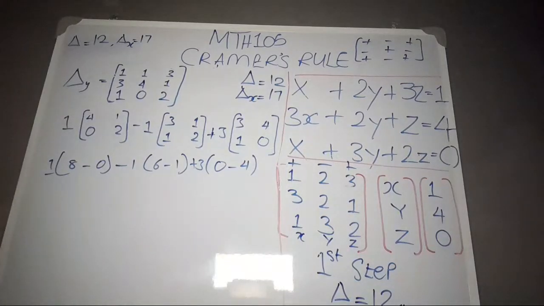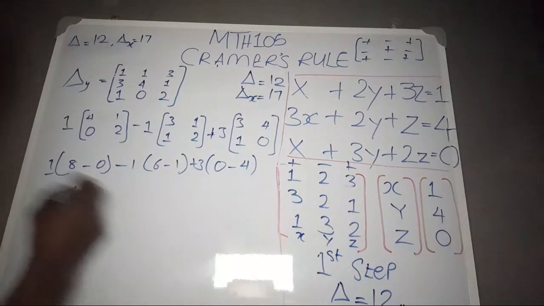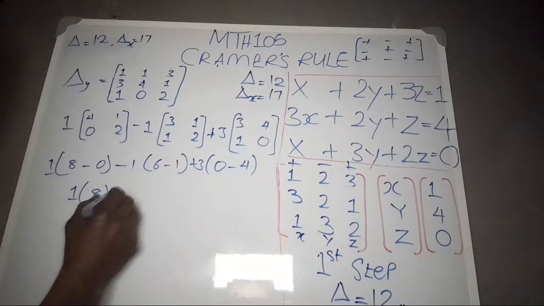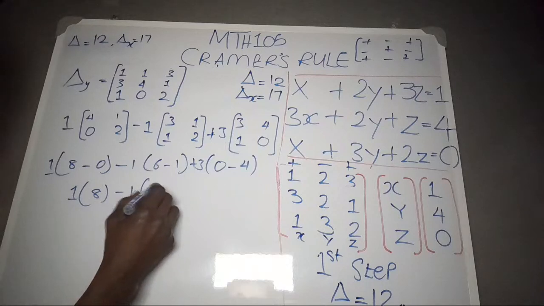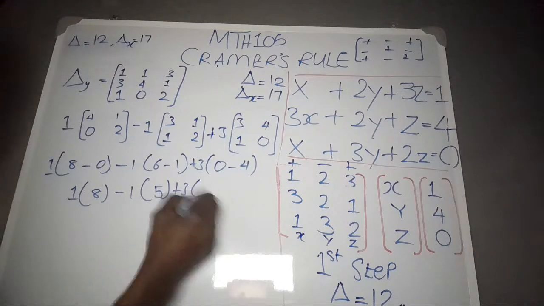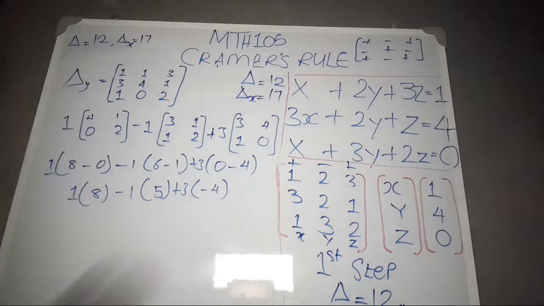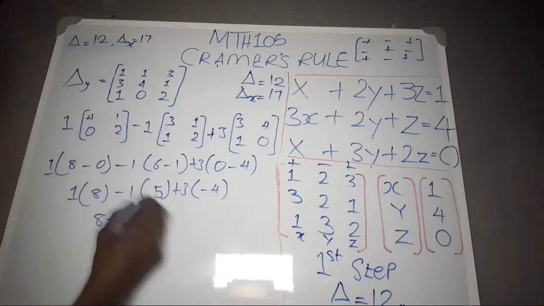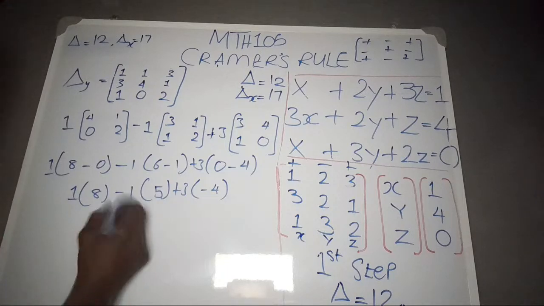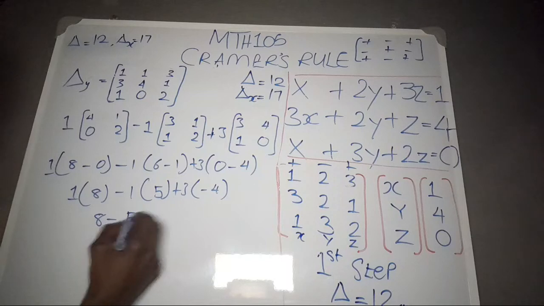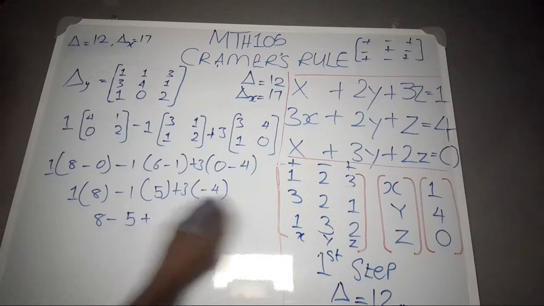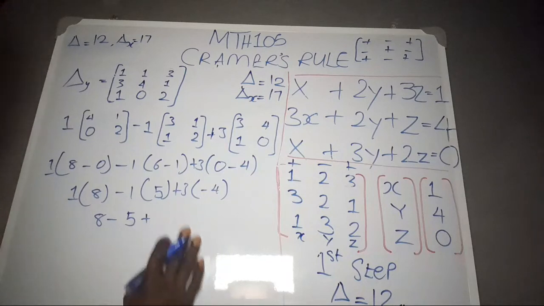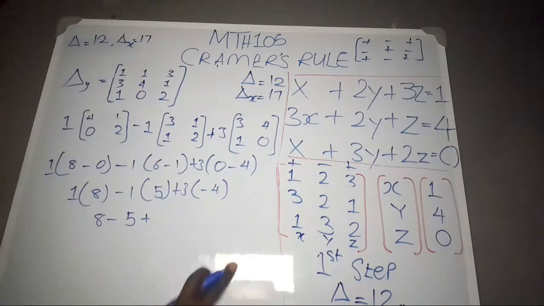So we may then say 1 into brackets 8 minus 1 into brackets 5 plus 3 into brackets minus 4. So we have 1 multiplied by 8, that should give us 8. Minus brings down minus, this is 5. This is plus. So we have positive 3, and this is negative 4.